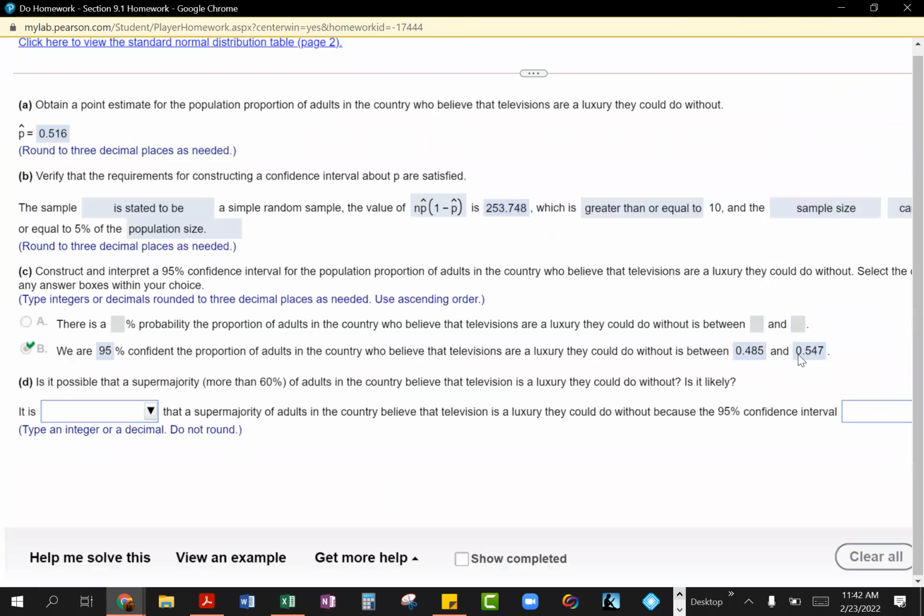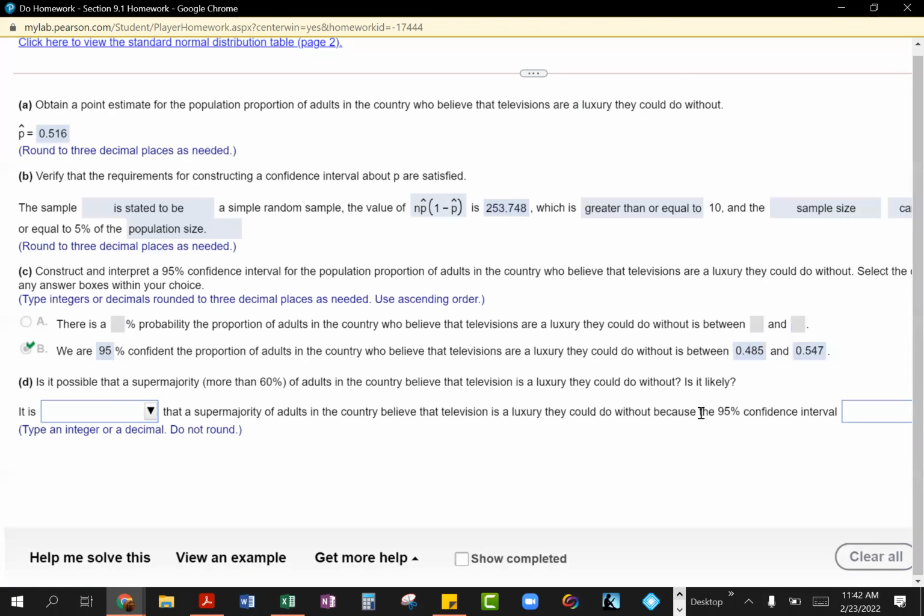So remember, this was about how many of these adults believe that television is a luxury they can do without. So now they are saying, is it possible that the supermajority, that would be more than 60% of adults in the country, believe that the television is a luxury they can do without? Is this likely?